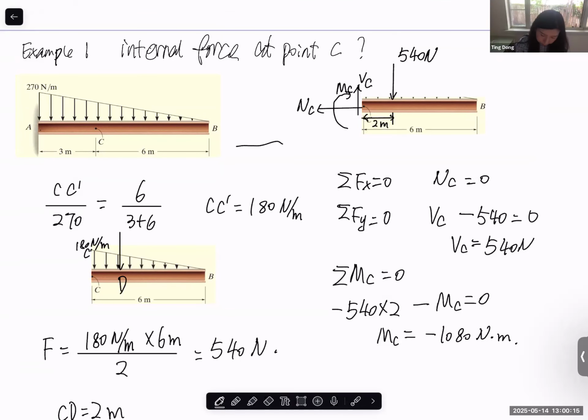Of course, we assume the global coordinates. This is a positive x. This is a positive y. This is the positive rotation. Shouldn't it be positive? Which one should be positive? MC?